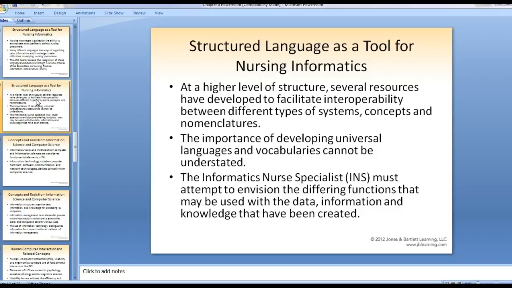Nomenclatures meaning common words for a certain area. The importance of developing universal language and vocabularies cannot be understated. So as an informatics nurse specialist, you have to attempt to envision the differing functions that could be used with data, information, and knowledge so that you can disseminate it into a structured standard language tool for nurses.